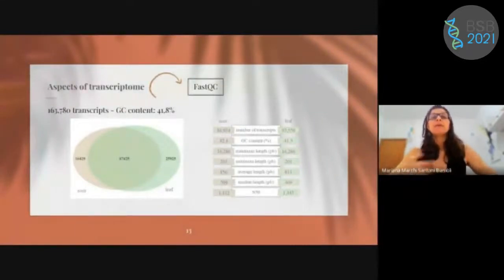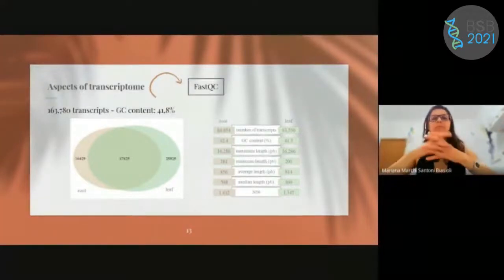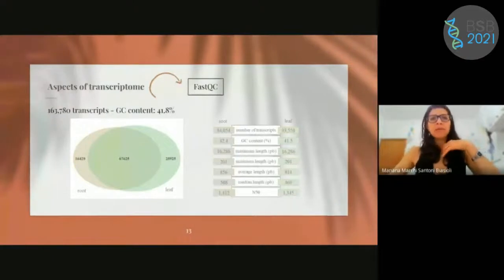So, talking about some aspects of the whole transcriptome, the first thing that we need to do is to make a union of the transcriptomes from leaf and root, and we found more than 163,000 transcripts, with a GC content, which is a trait of the transcriptome, of about 41%.